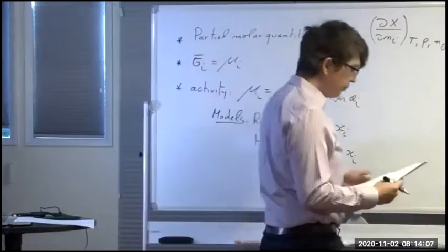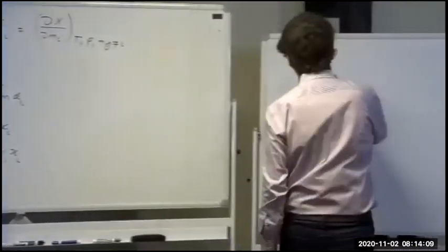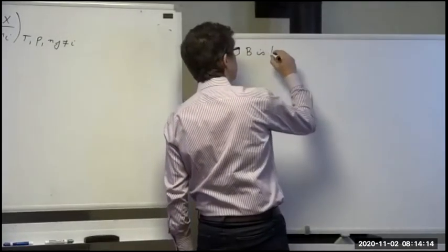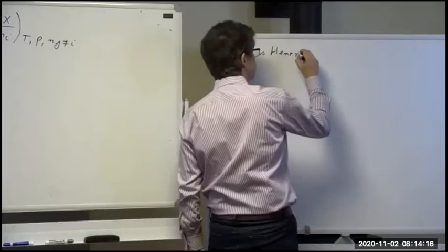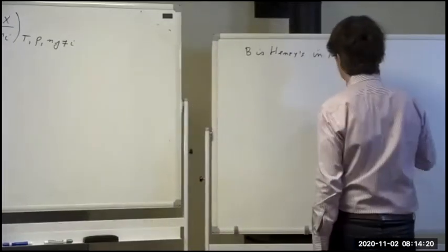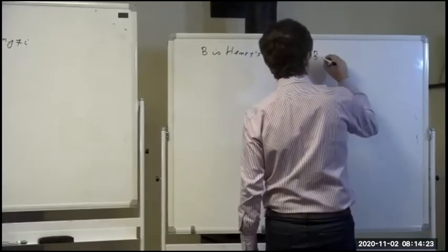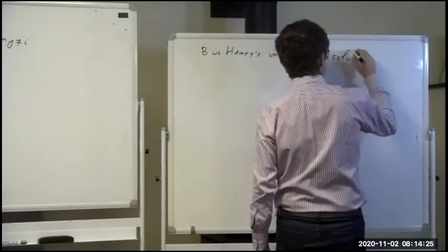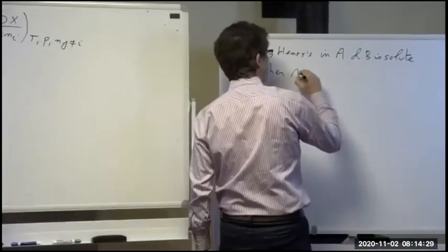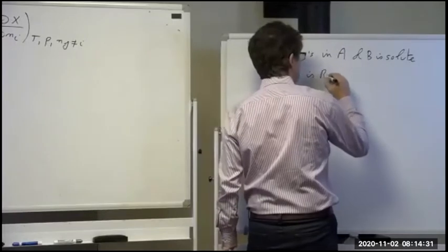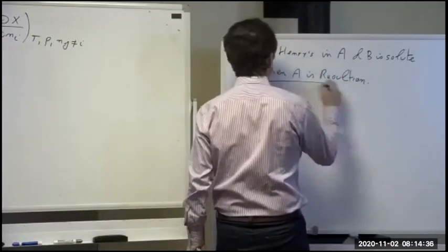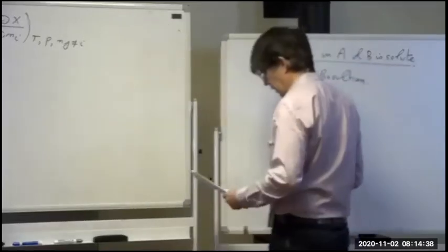You can prove that when B is Henry's in A and B is the solute, then A is Raoultian. Let me quickly prove that to you.